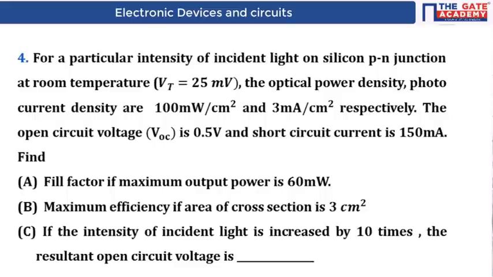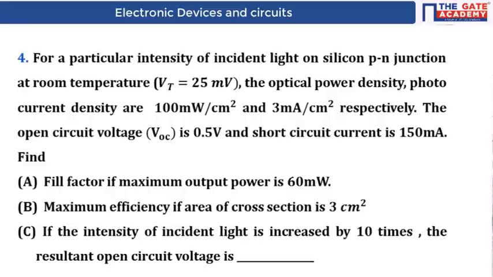First of all, let us find out the fill factor. The fill factor FF is nothing but equal to the maximum output power divided by VOC multiplied by ISC. The maximum output power is given in the question, 60 milliwatts.